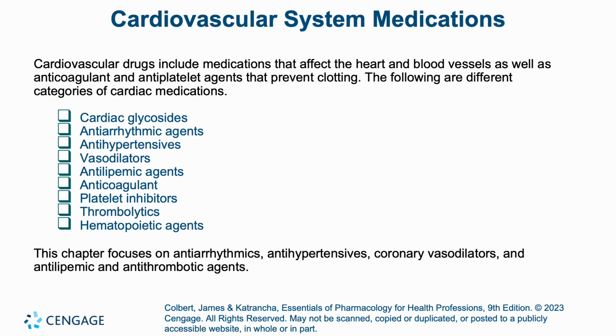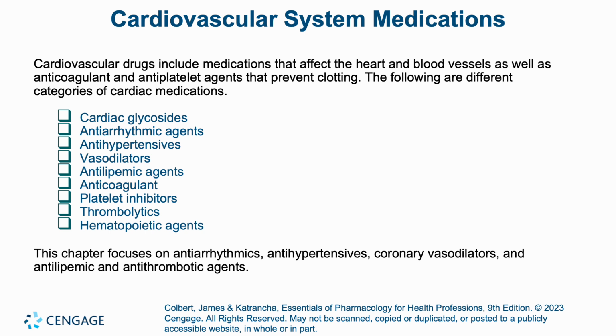The following are different categories of cardiac medications: cardiac glycosides, antiarrhythmic agents, antihypertensives, vasodilators, antilipemic agents, anticoagulant, platelet inhibitors, thrombolytics, and hematopoietic agents. This chapter focuses on antiarrhythmics, antihypertensives, coronary vasodilators, and antilipemic and antithrombotic agents.